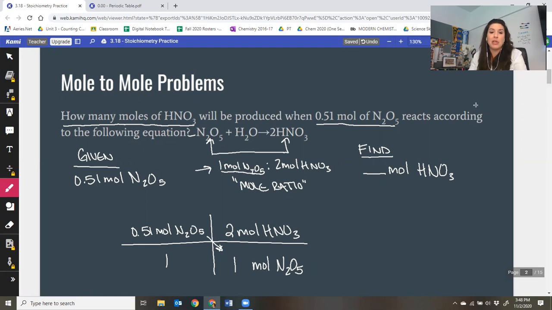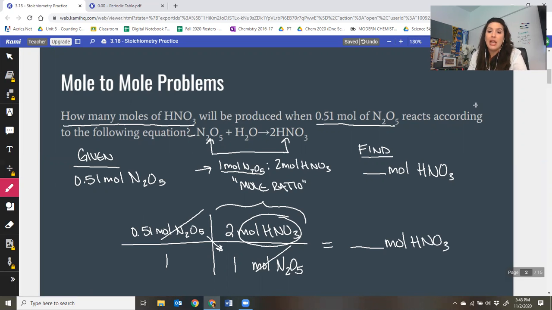So a true statement here. This is where my mole ratio goes in this next step. We want to cancel the unit, moles of N2O5. And now that I'm done, if I stop, I will have an answer that is in the units of moles HNO3. And if that is the same as the find, then you're done.